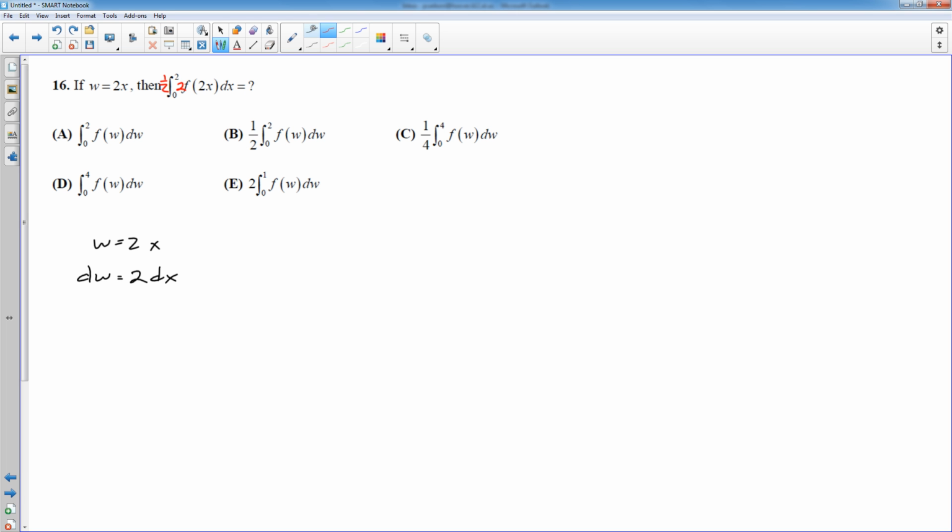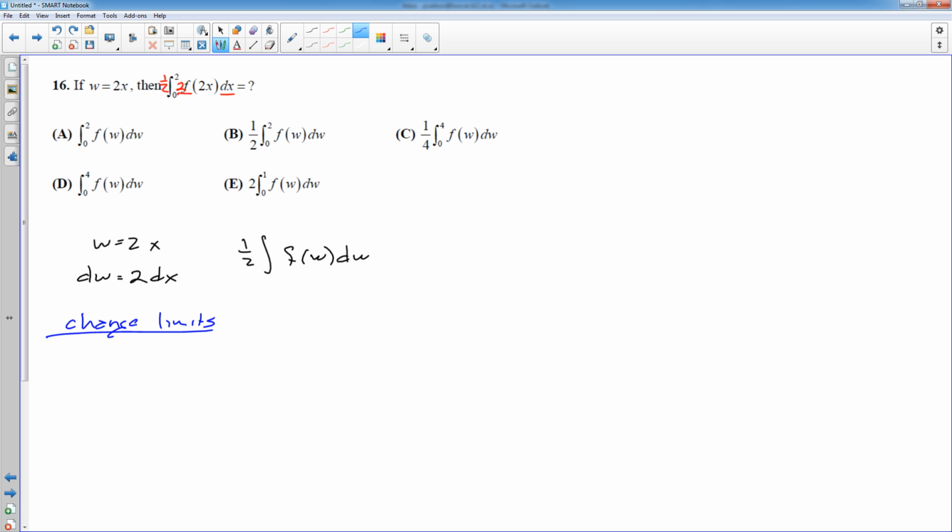So anyway, when I do my u-sub, my dw is 2 dx, so it turns into 1/2 the antiderivative of, oh, this is dw. And f of 2x becomes f of w, but what you have to remember is to change the limits of integration.